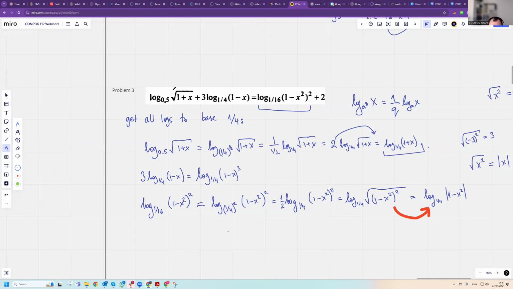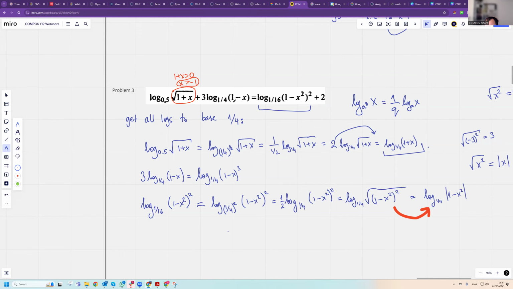Well, if you look here, you have the square root of 1 plus x. You're not allowed to take the square root of negative numbers. So that means 1 plus x must be positive. That means x is greater than minus 1. Now looking at this bit, you cannot take a log of a negative number.